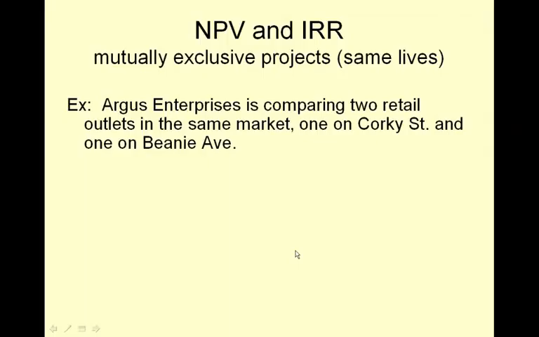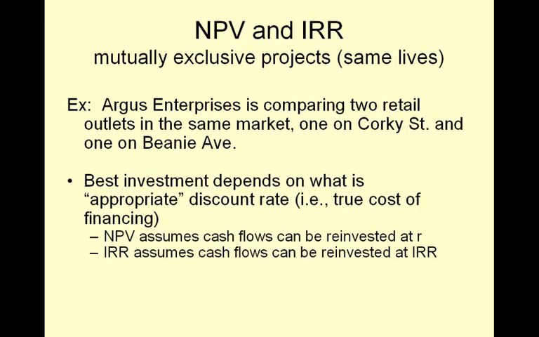So the decision about which investment is best depends upon what is the appropriate discount rate or the true cost of financing. And just to review, the net present value calculation assumes that interim cash flows can be reinvested at the discount rate.